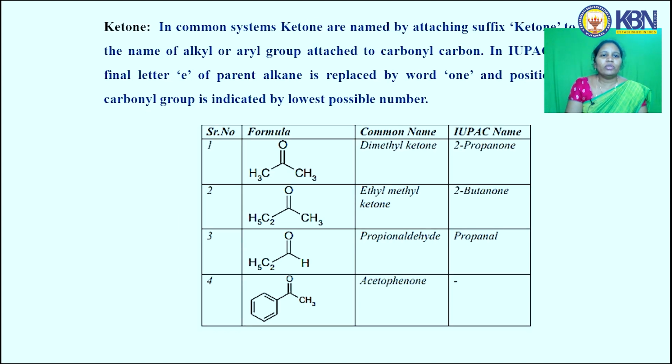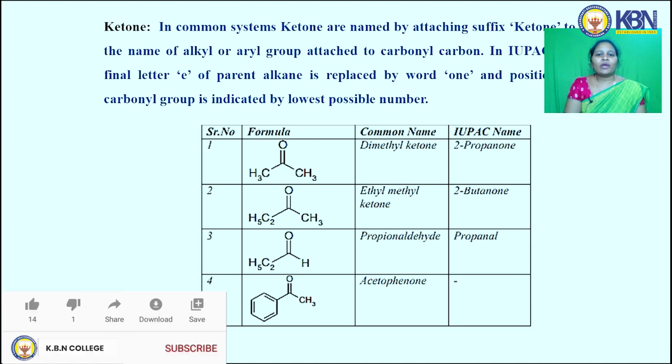So let us come to the ketones. In common systems, ketones are named by attaching the suffix ketone to the name of the alkyl or aryl groups attached to the carbonyl carbon. In the IUPAC system, the final letter E of the parent alkane is replaced by the word ONE, and the position of the carbonyl group is indicated by the lowest possible number.